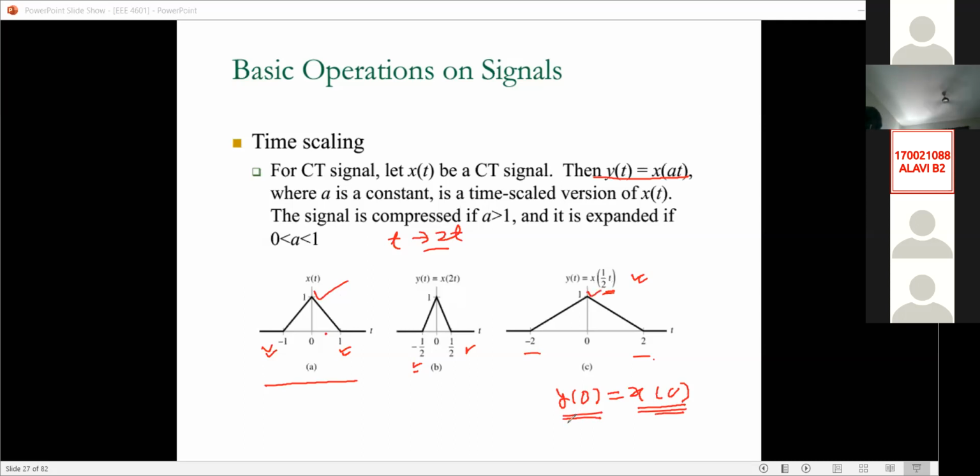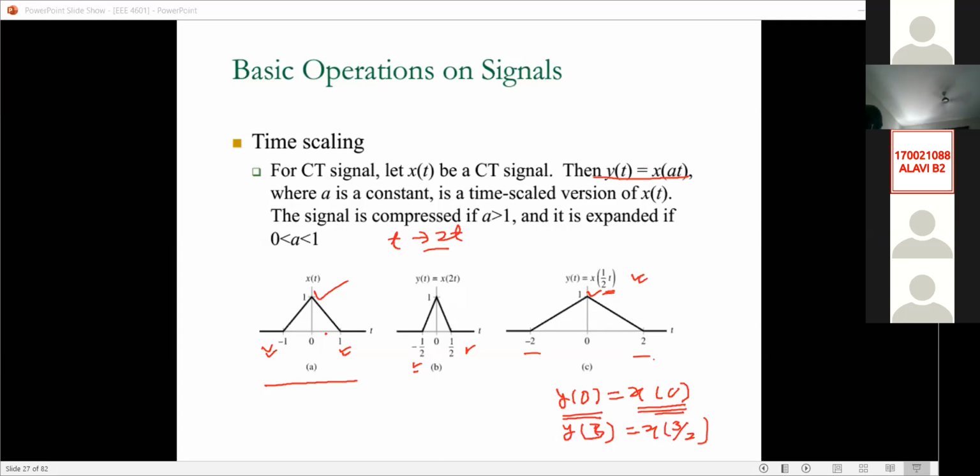Now we want to calculate the value, for example, at t equal to 3. That will be equal to what? x(t/2), isn't it? Because it is half t, so for t equal to 3, it is x(1.5), isn't it?